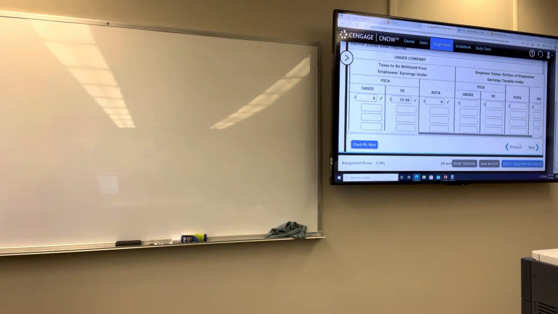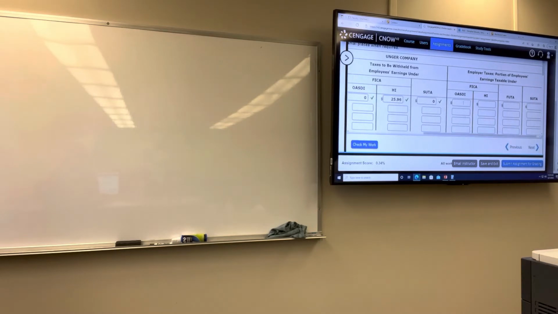Now for the employer's portion, it would be the same, nothing for OASDI. Same amount for health insurance, although it may be different because of the full amount, so 1790 times 0.029, 5191 minus the 2596. It might be 2595.